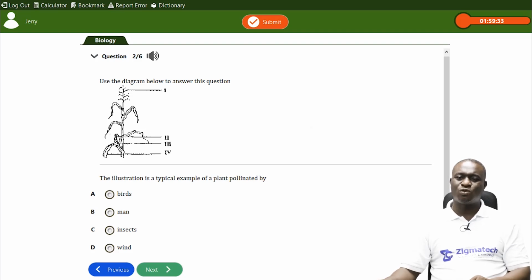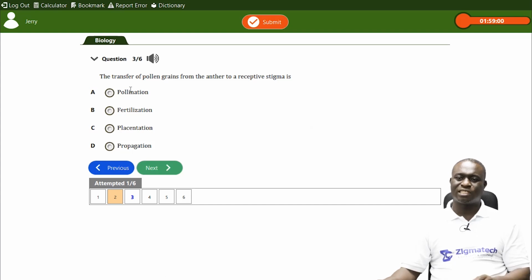Maize plants don't have anything to attract insects. They can be pollinated by birds, by man, and also by wind. But when we're looking at the major agents of pollination between insect and wind, the correct option here is D, which is wind. They are pollinated mostly by wind.